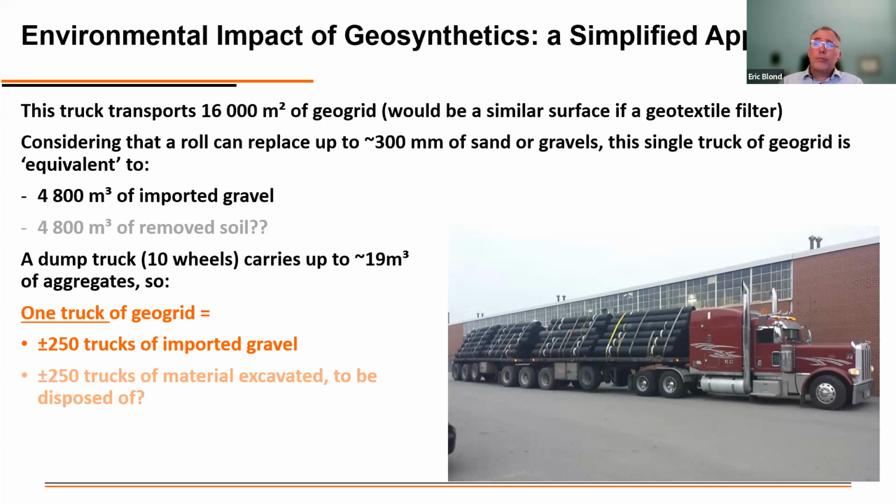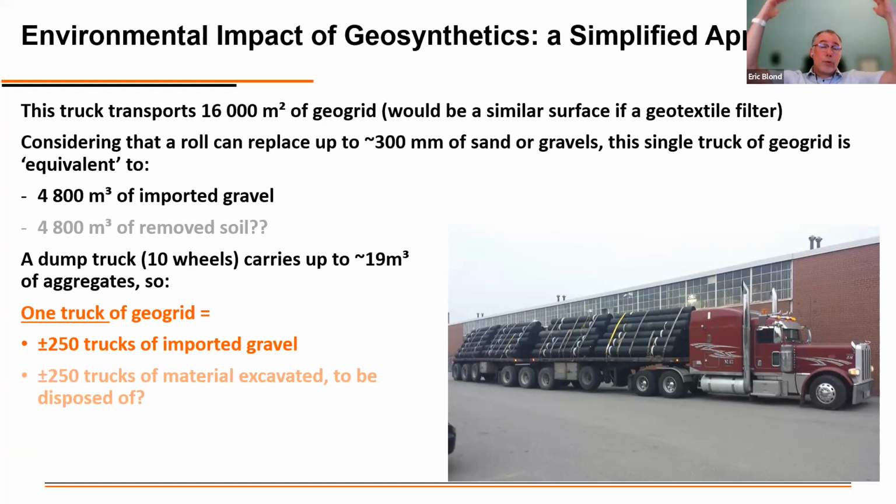This truck on this photo is carrying 16,000 square meters of a geogrid. It would be a similar quantity if it were a geotextile filter, by the way. And if we consider that this material will replace about 300 millimeters of sand and gravel, this single truck is equivalent to almost 5,000 cubic meter of imported gravel. And if we're in an urban environment, we need to remove whatever we are taking from out from the soil.